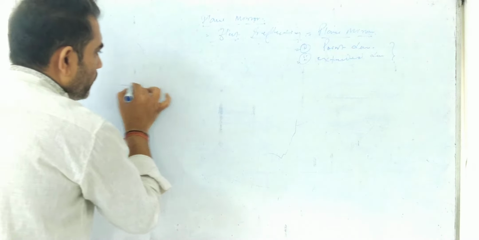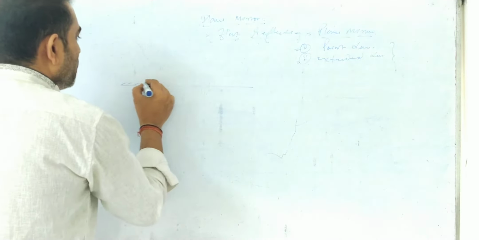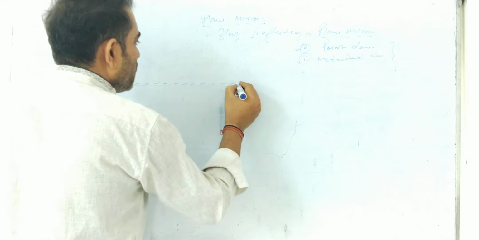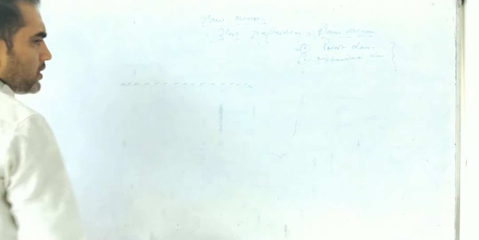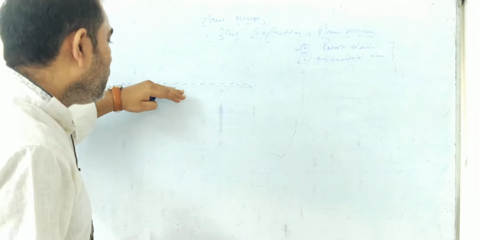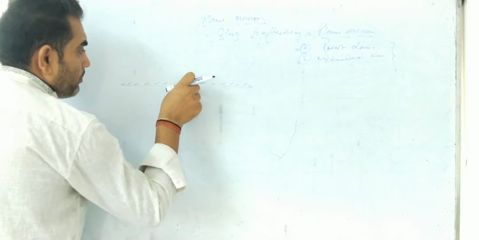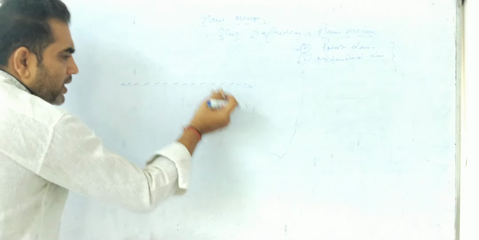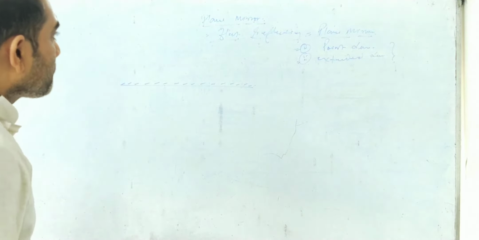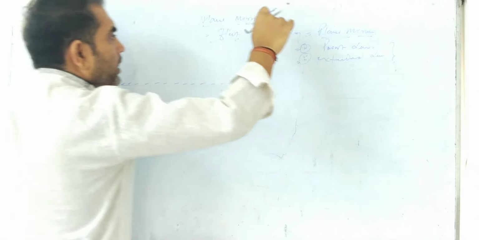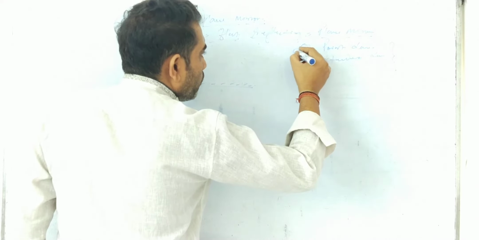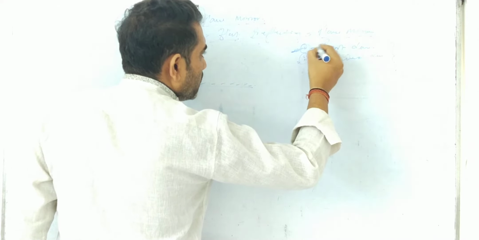The point source, we have a mirror. This one surface is reflecting, the other surface is painted, so that the ray of light will not pass from one surface to the other surface, it will get reflected back. Okay, so the first diagram we need to understand, we are going to learn about the point source.